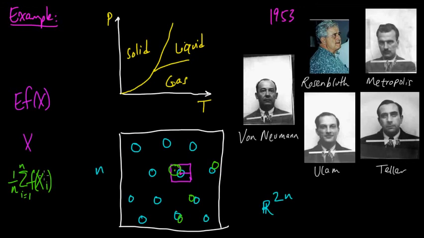Oh, sorry, I'm using n for two different things here. So n here is the number of iterations that we ran it for, and I was also using n for the number of particles, but let's call that capital N. So the number of particles is capital N.